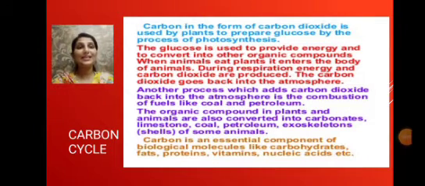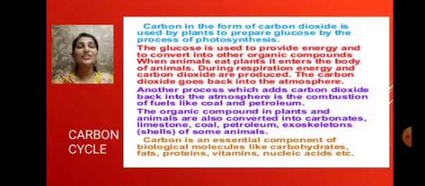When animals eat these plants, the glucose enters the animal's body, and this glucose is again utilized for releasing energy, and as a result of this breaking down process, it releases carbon dioxide, and this carbon dioxide is exhaled out and thus becomes a part of respiration. So through respiration, the carbon dioxide reaches back to the atmosphere.